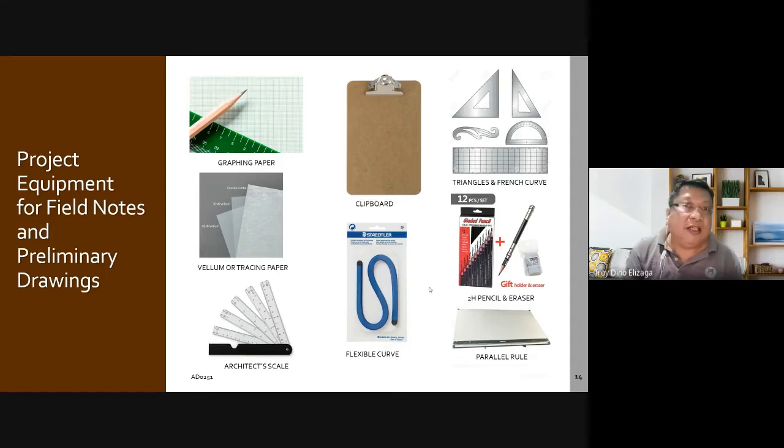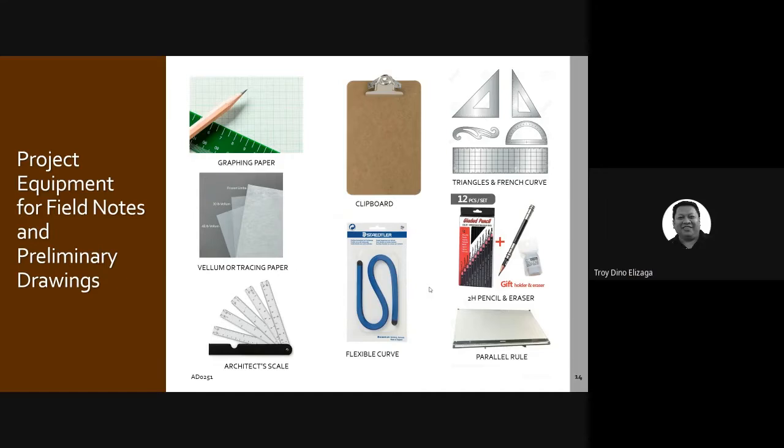Say there are tracing papers in A4 size, so you don't need to cut them from rolls. The others are typical tools we use in drafting classes: the triangles, French curve, even the flexible curve, so that it doesn't smudge when your hand goes over your drawing.